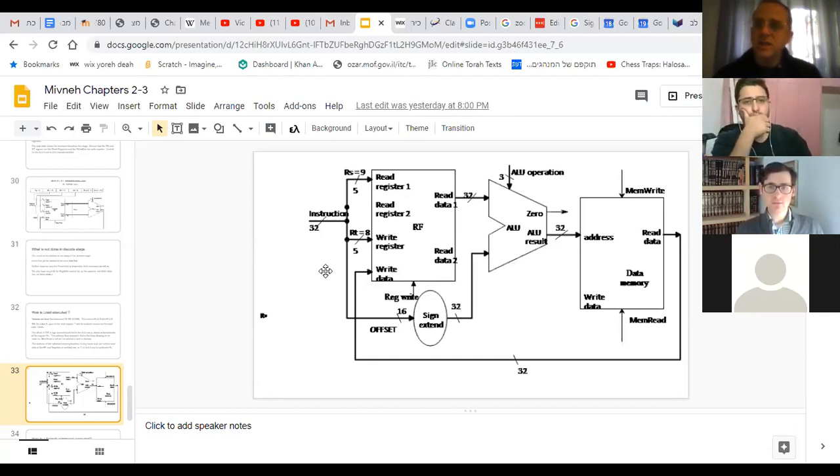Yes, the sign extender. If this is the value -1, which means it's all 16 ones, then what comes out of here is 32 ones, which is still -1 but in 32-bit form. Then it goes into the ALU, which needs all those 32 bits.